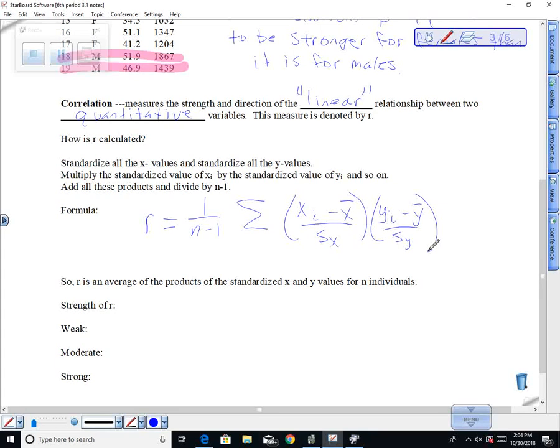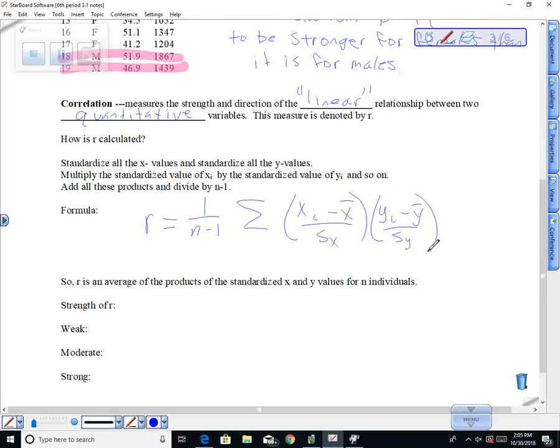So I convert all my months to days. And it turns out that R is still going to be 0.86, because I standardized those scores, so the standardized values will still be the same. Changing units doesn't change R. That's the reason I show you the whole formula.